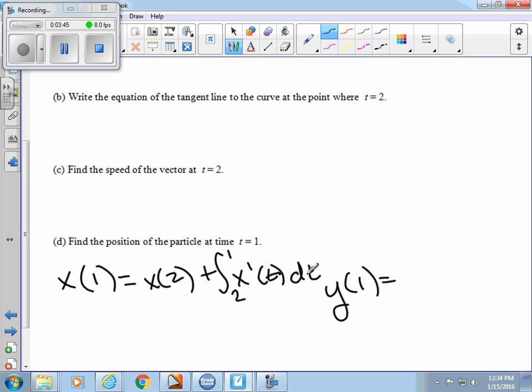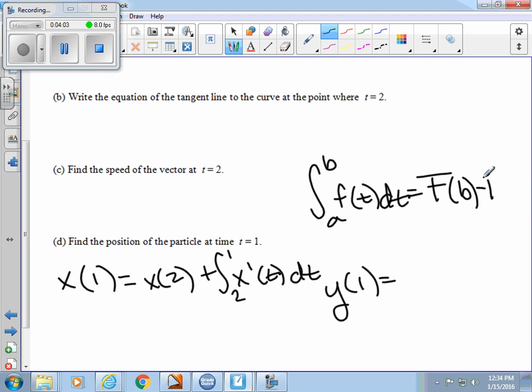And let me show you another way to do it. If you can't remember that formula, what you can remember is this formula. Because I made you, right? On a master exam at least once. So this is the fundamental theorem of calculus, right?